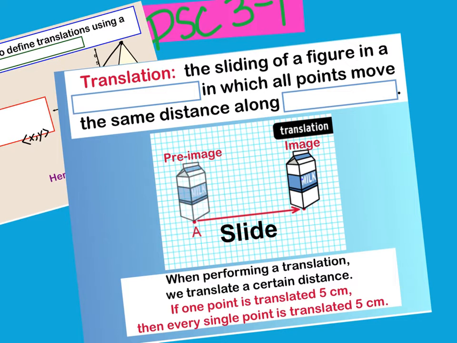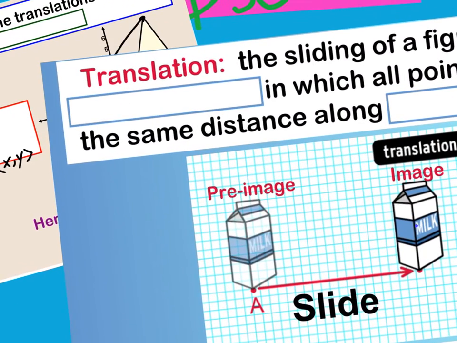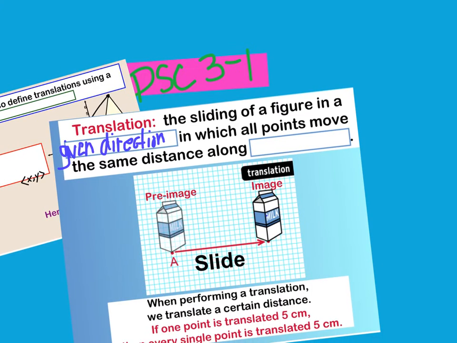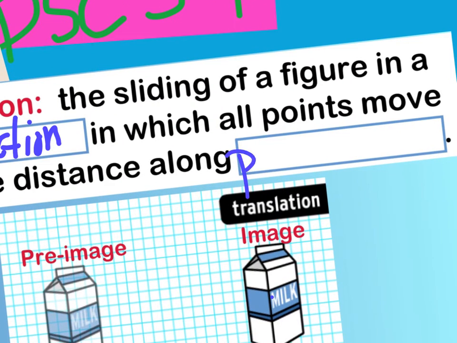The first is translation. And a translation is when you slide a figure a given direction and all the points will go the same distance along parallel paths.